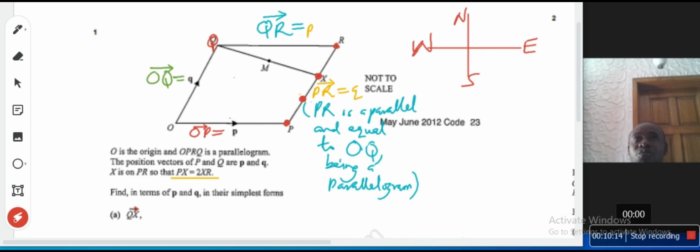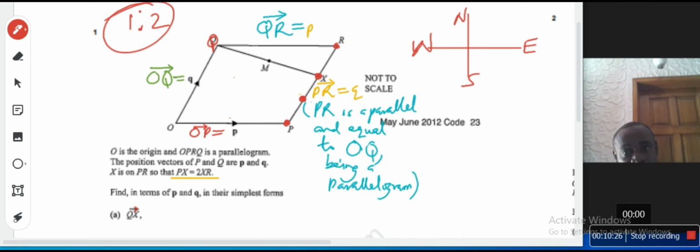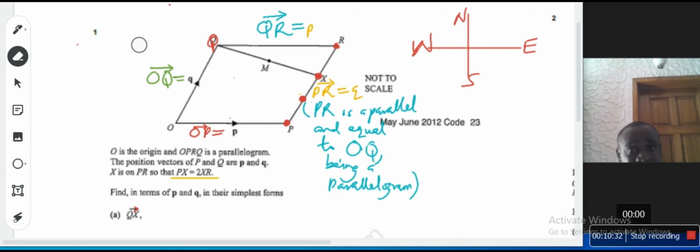It's just like we do sum of ratio. 1:2, what's the sum of ratio? 3. So you divide it into 3 equal parts. The one that is bigger will take 2 parts, and the one that is smaller will take 1 part.